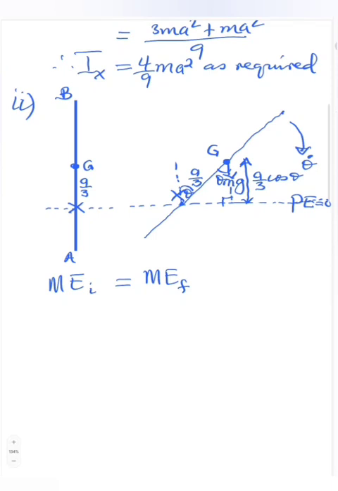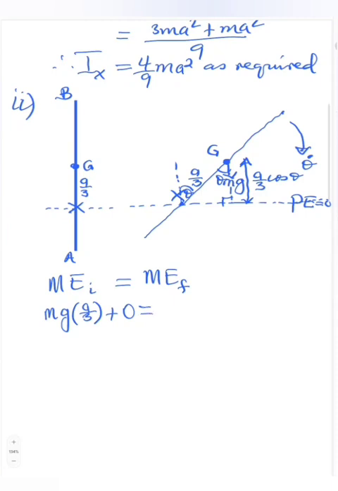Now, in the case of the initial position where the rod is vertical, kinetic energy is 0 because the rod is not moving at that time, and the potential energy would be the mass times the acceleration due to gravity times the height of G above the zero level. Since G is above the zero level, this value of the potential energy will be positive, so times a over 3, the height of G above the axis, plus 0 kinetic energy as already explained.